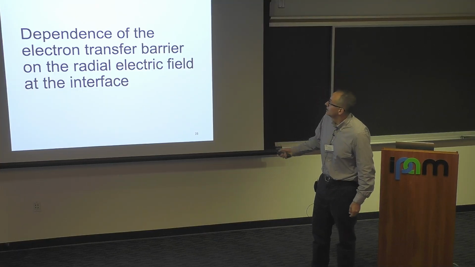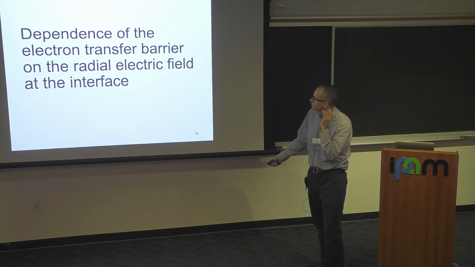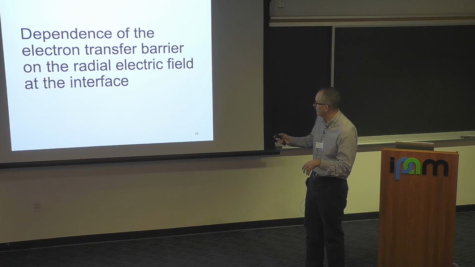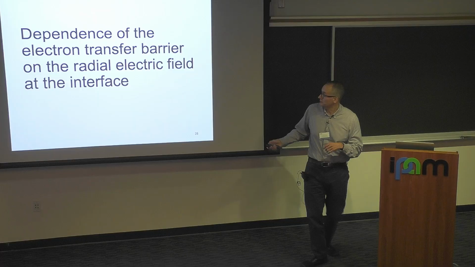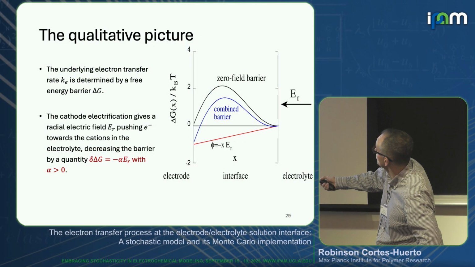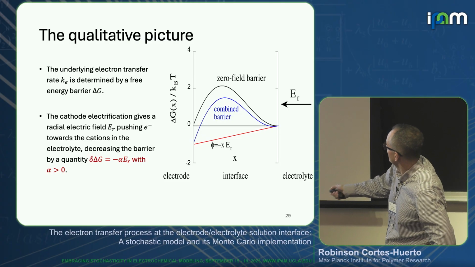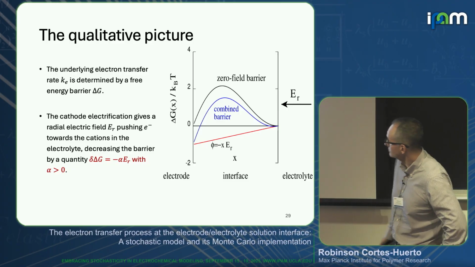So now, as I said, this is very preliminary. We got the results last night, actually. So, electron transfer barrier on the radial electric field at the interface. This is basically what is happening in the problem. So you have a barrier. This is the electrode, this is the electrolyte, and the electron has to overcome this barrier.